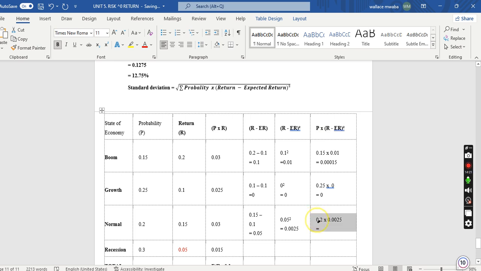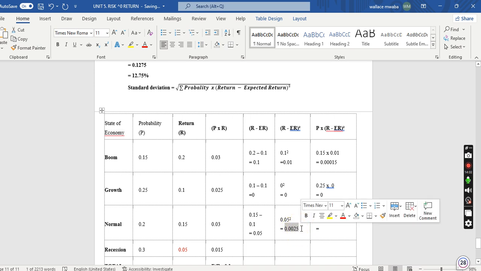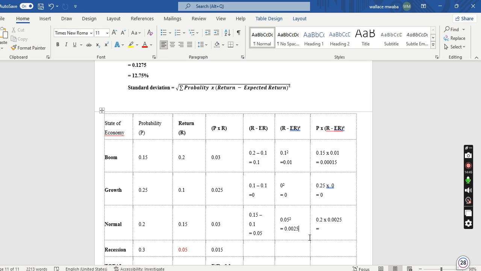So we're saying 0.2, which is the probability, multiplied by 0.0025, which gives 0.0005.